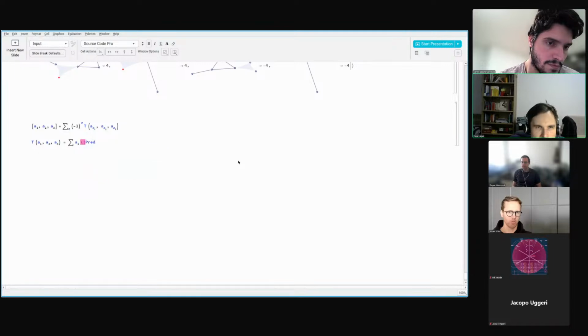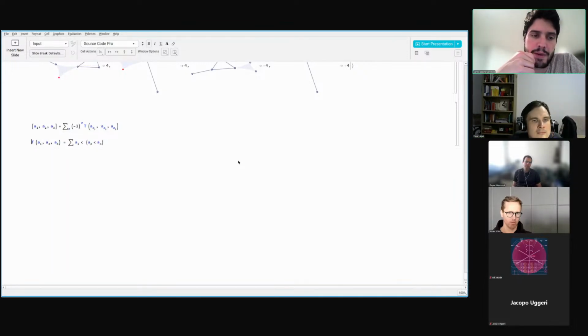Let me write it like this: a1, a2, a3. So probably it is first gluing like this, and then gluing like this. But in the binary case, you had an actual commutator, didn't you?